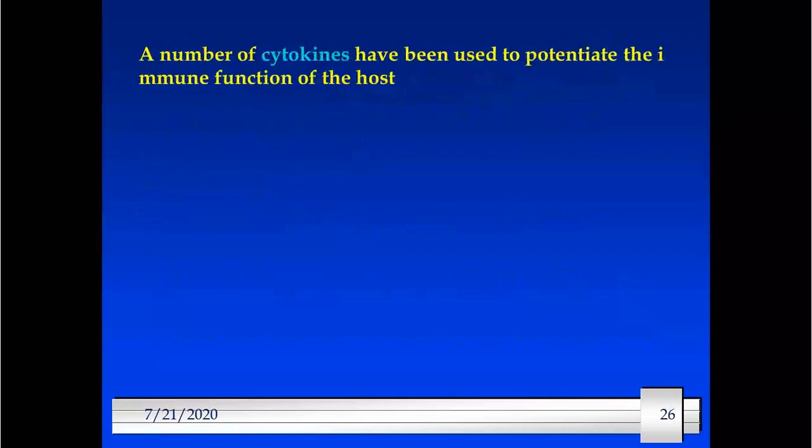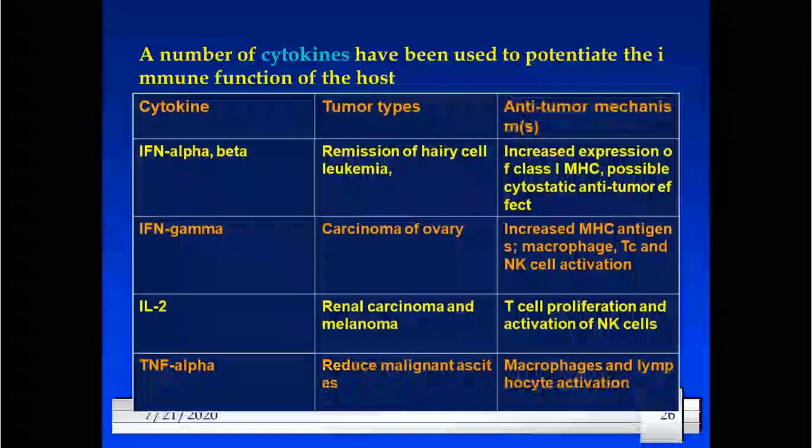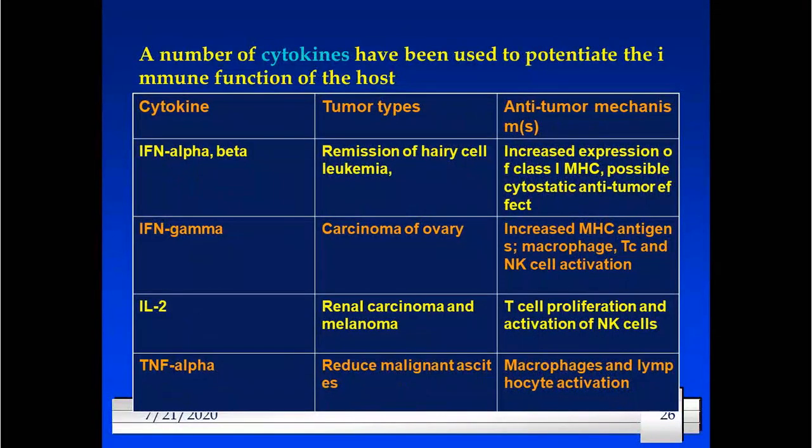We have some cytokines used in the potentiation of immune function. This table shows some examples: interferon alpha, beta, gamma, interleukin 2, and tumor necrosis factor alpha. And every cytokine has a certain mechanism. Interferon alpha, beta, and gamma increase the expression of MHC class 1 by the tumor.